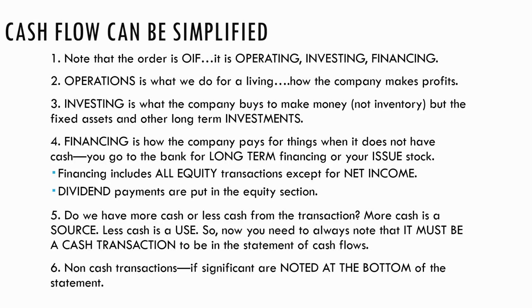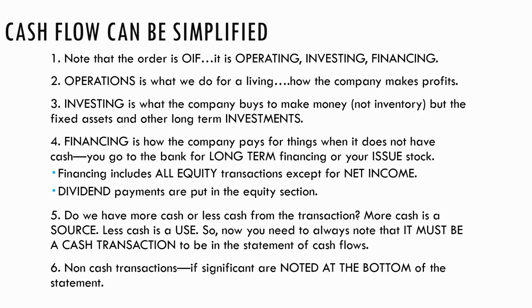Now, the last category, so it's OIF, O-I-F, so now we're up to F, is financing. And a financing activity is how they get cash in to pay for things, other than getting the cash from operating.